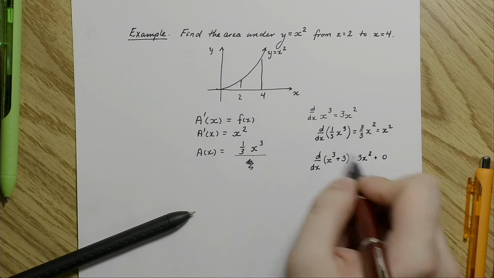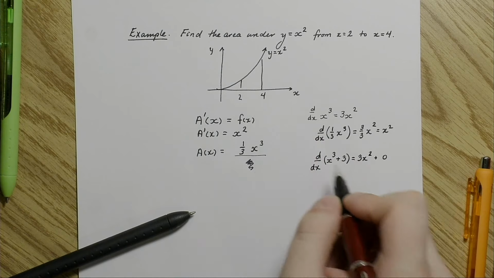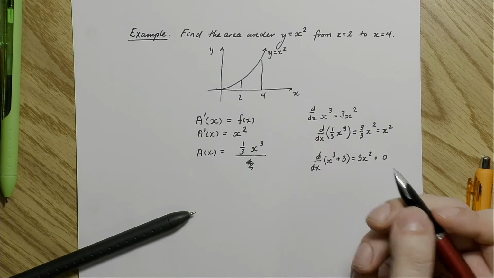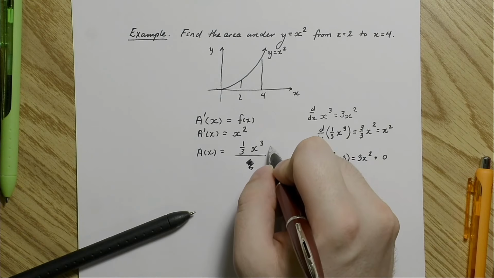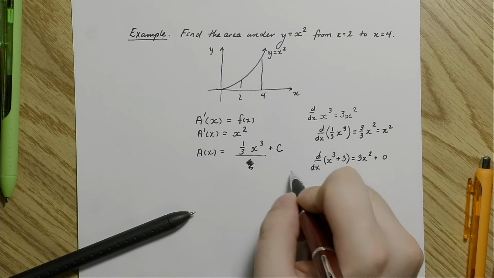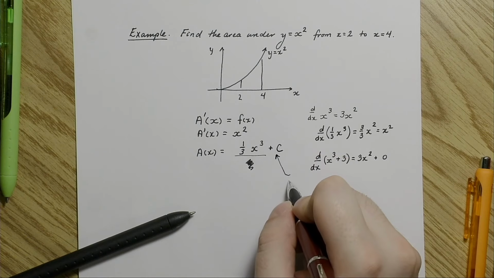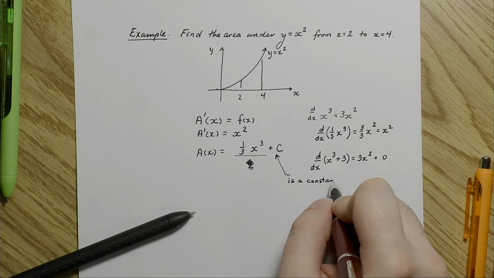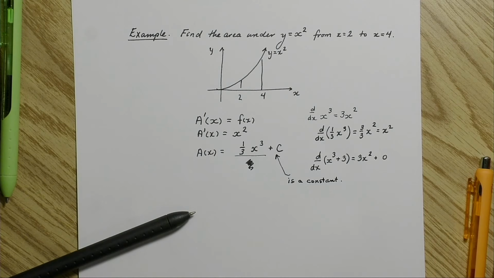So in this case there's a 0 here, but it means that there's probably a constant here. So that's what we end up having to write here, is plus c. C is a constant. We don't know what it is yet.